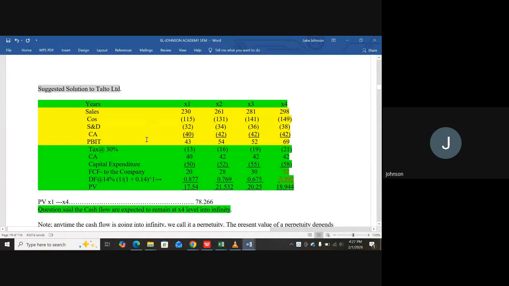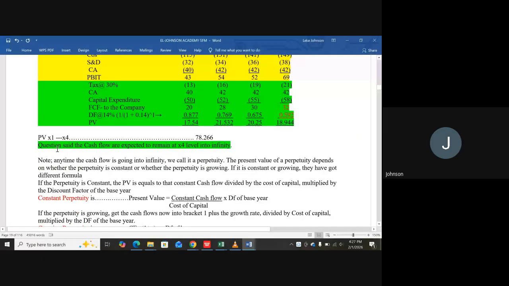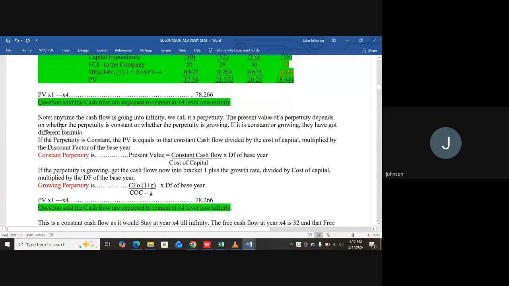Look at it now. Question number 1 said the cash flows are expected to remain at year 4 level into infinity. What does it mean? Note, anytime the cash flow is going into infinity, we call it a perpetuity. Now, there are 2 types of perpetuity. We have a perpetuity with growth, and we have a perpetuity without growth.